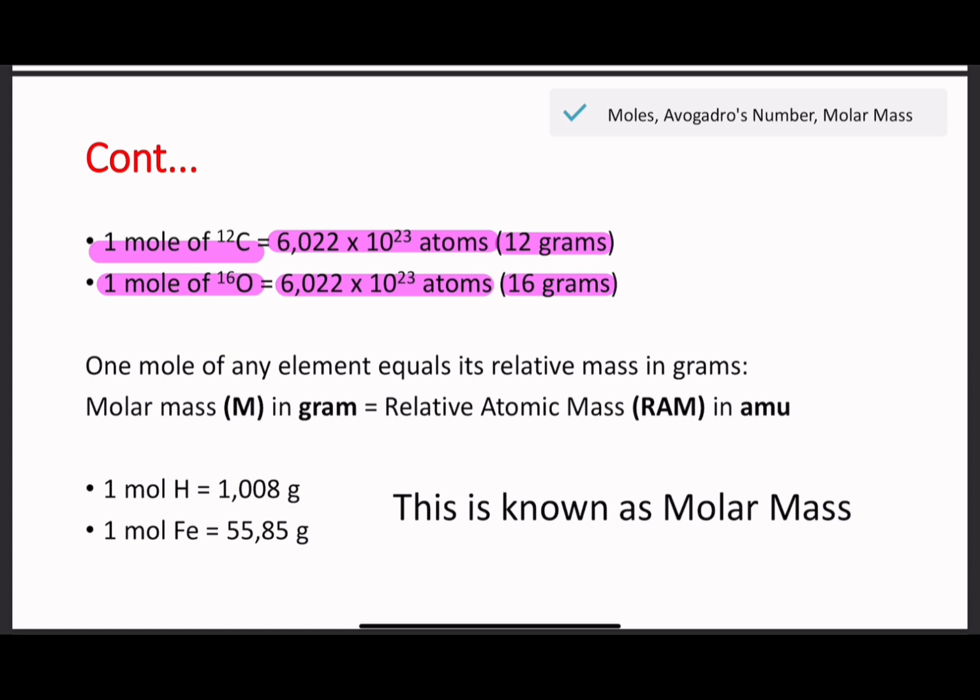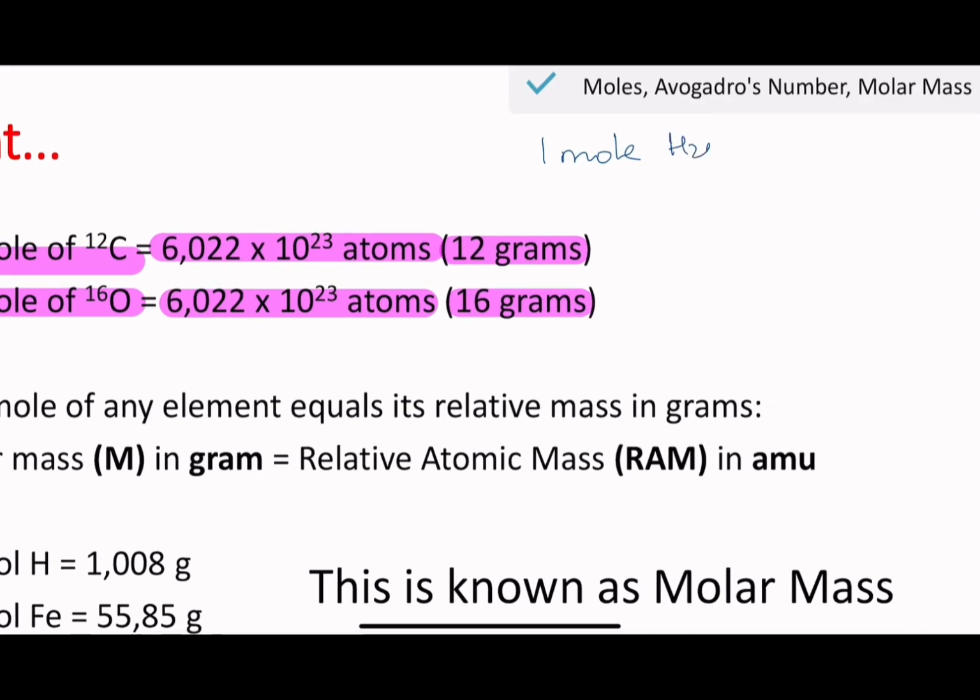Before I just move on, so let's say I have 1 mole of H2O molecule, right? Molecule. That means that I have 2 mole of hydrogen atoms, because as you see, I have 2 hydrogen atoms per 1 mole of water molecule, and I have 1 mole of oxygen atoms.